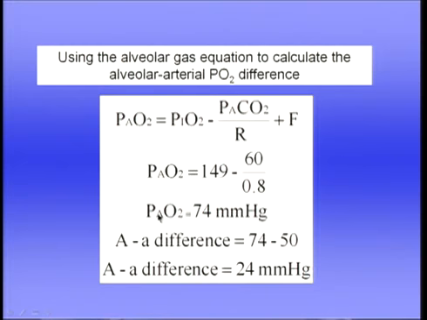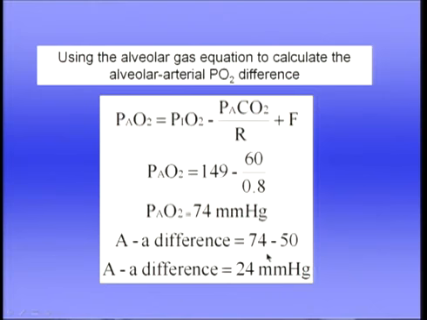That gives us an alveolar PO2 of 74. And that is called the ideal alveolar PO2, again, by analogy with the ideal alveolar PCO2. You remember that the measured arterial PO2 was 50. So that gives us an alveolar arterial difference of 74 minus 50, which comes out to be 24.